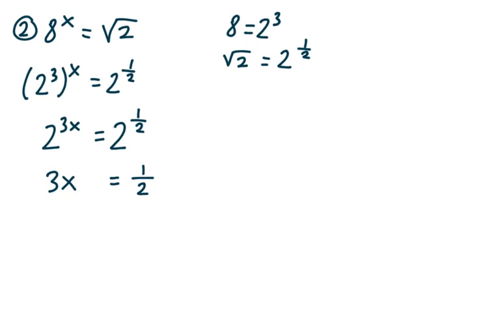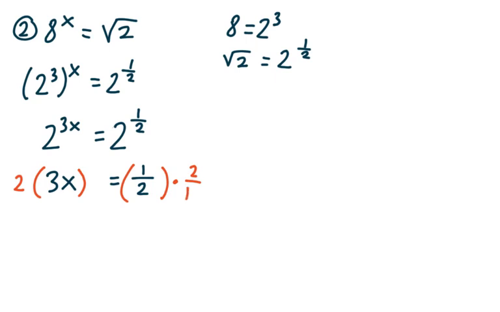Now, let's see if we can get rid of that fraction. The way I'm going to get rid of that fraction is multiply both sides by 2. So I'm going to multiply the left side by 2, and I'm going to multiply the right side by 2. And if you don't mind, I'm going to write 2 over 1.